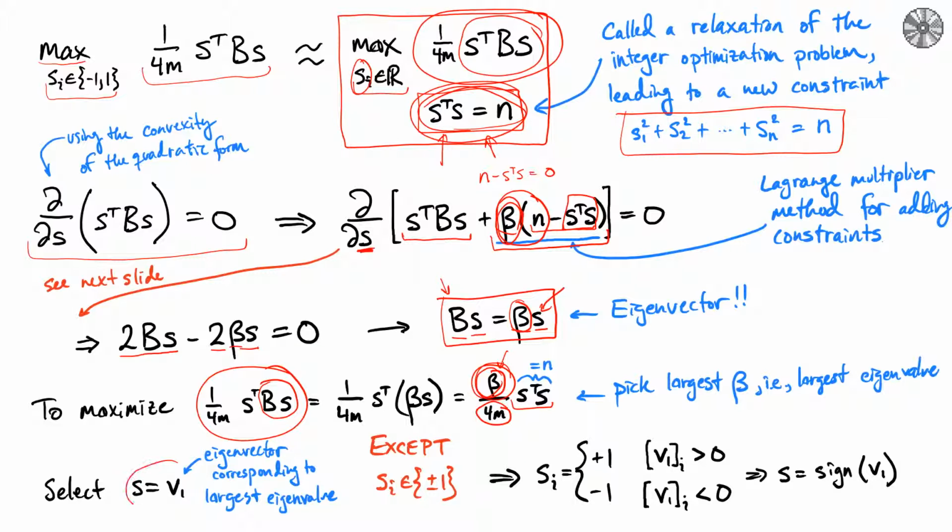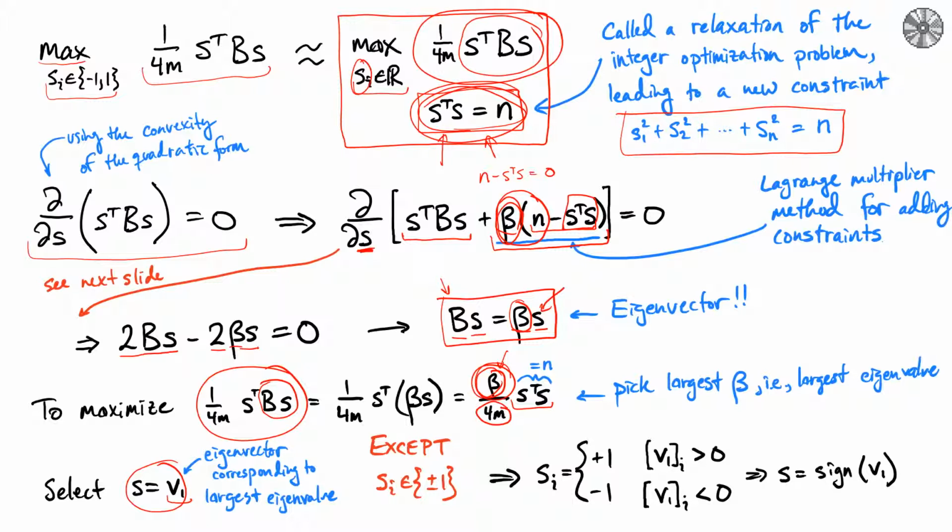And so this largest eigenvector that corresponds to the largest eigenvalue comes back to haunt us again. The one caveat is, of course, that this eigenvector is not guaranteed to be plus or minus 1. In fact, it's almost guaranteed that it's not going to be plus or minus 1. It's going to be some real values.